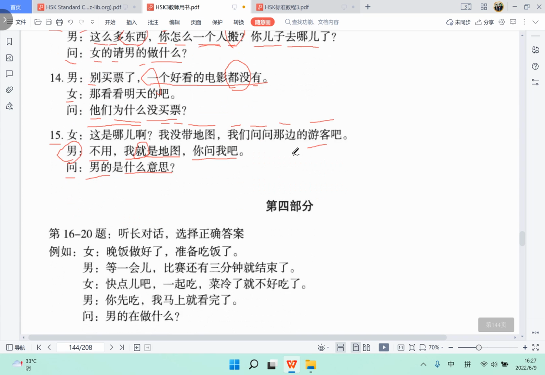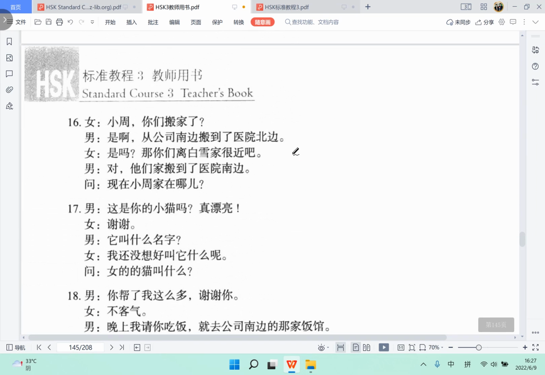Okay, let's check the script. And number 16. So it's a long conversation. So you can see here there are 2 rounds. For the short conversation it's 1 round, and here it is 2 rounds. Okay, and the female said, 小周, so that's a person's name, 你们搬家了?